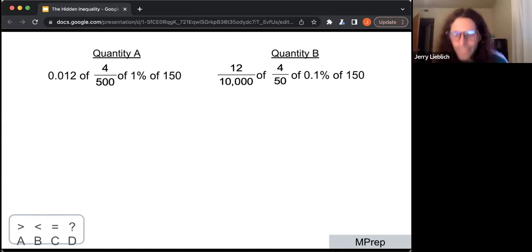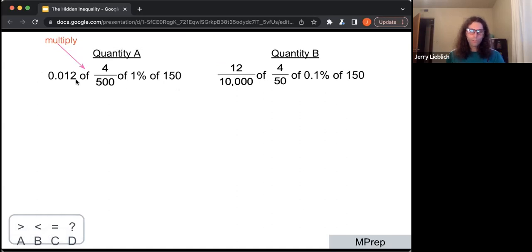Okay, so here we've got a sort of gnarly looking fractions and percents problem. And the first thing I'll say here is, if you didn't already know this, that the word of means multiply. So one way to do this would, of course, be to just actually solve this out.